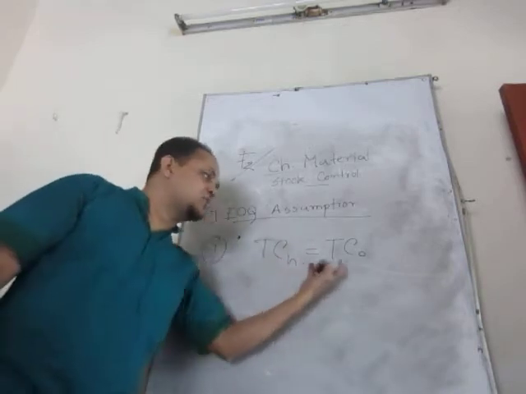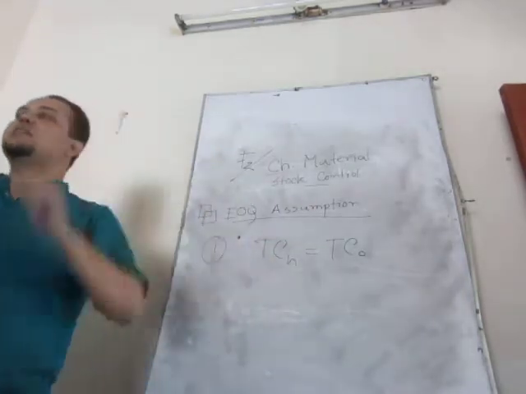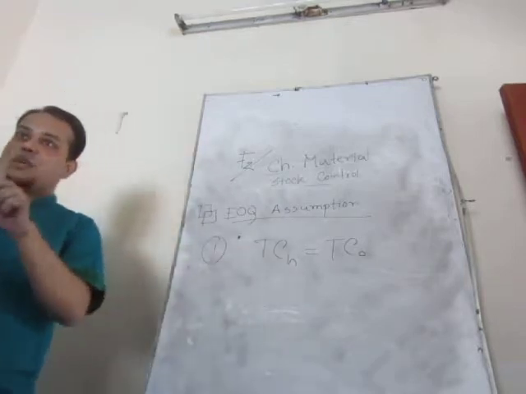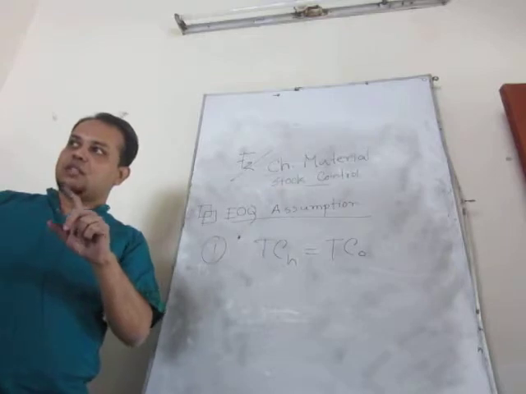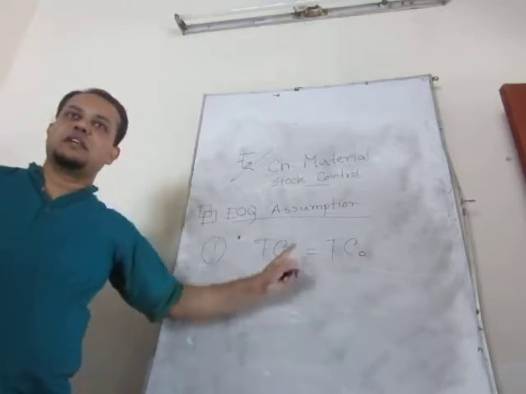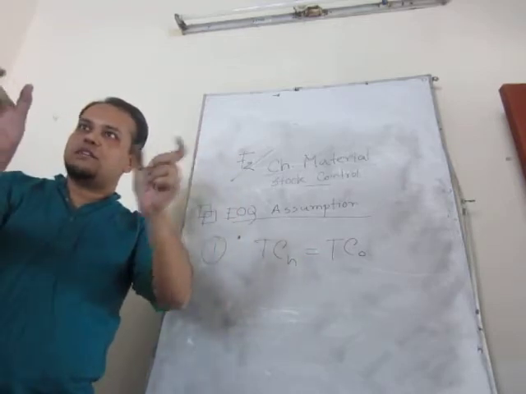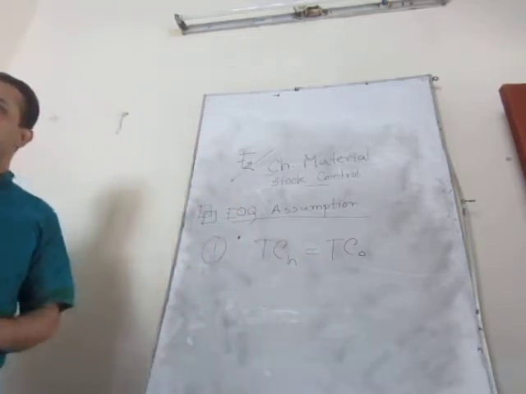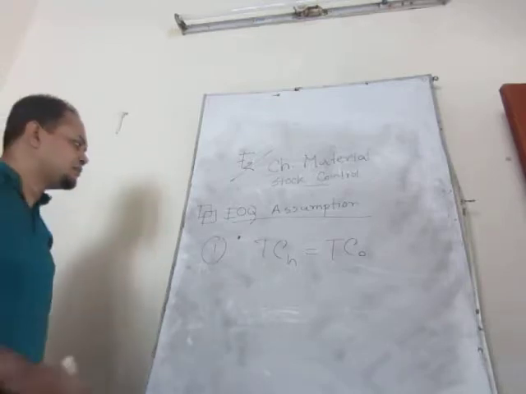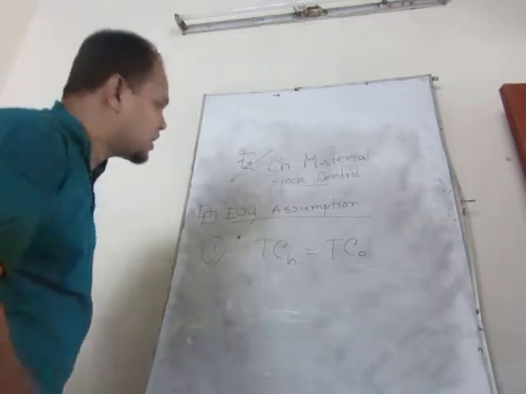The total CH and total CO should be equal when you are ordering or stocking according to your EOQ. So if you are calculating any kind of math using your EOQ, your TCH and TCO must be equal. If there are any dissimilarities, you need to find out the values. Then number 2.